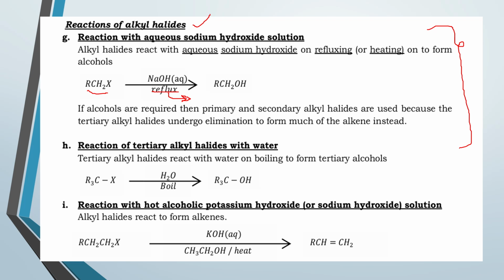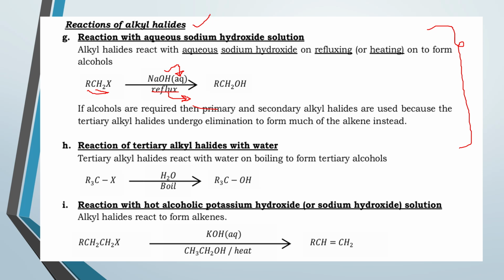Whenever we are having sodium hydroxide and you want to convert an alkyl halide into an alcohol, first you have to write sodium hydroxide and then give it a state, which is going to be aqueous. And then the condition for that is not reflux, it must be heat.